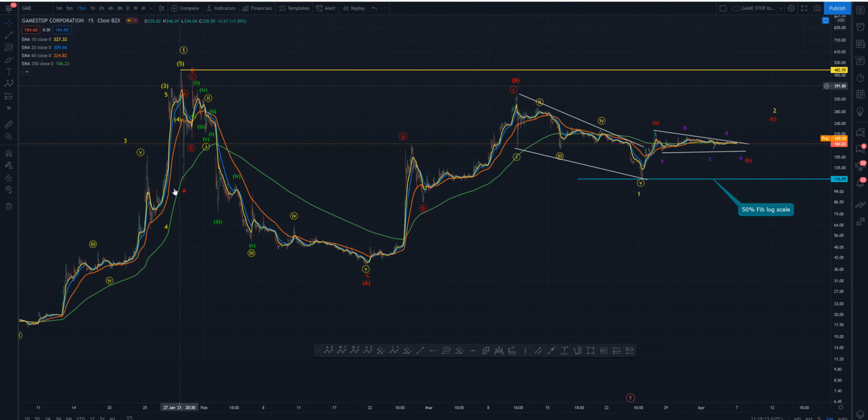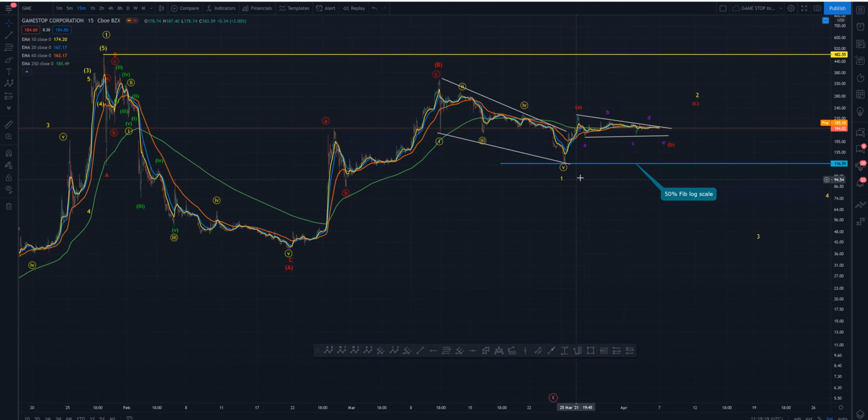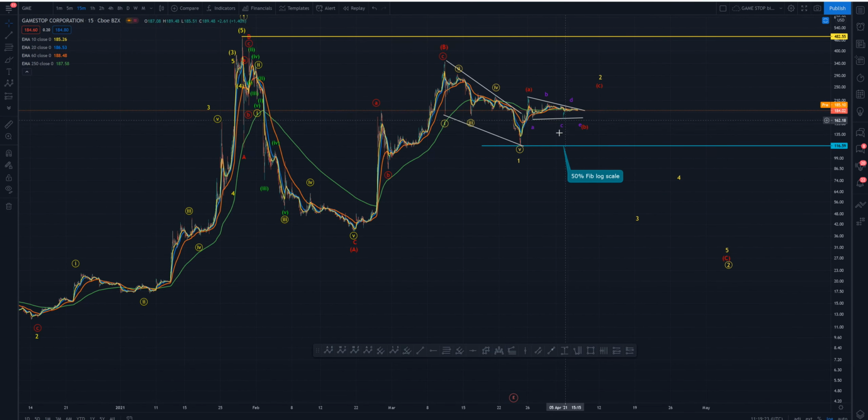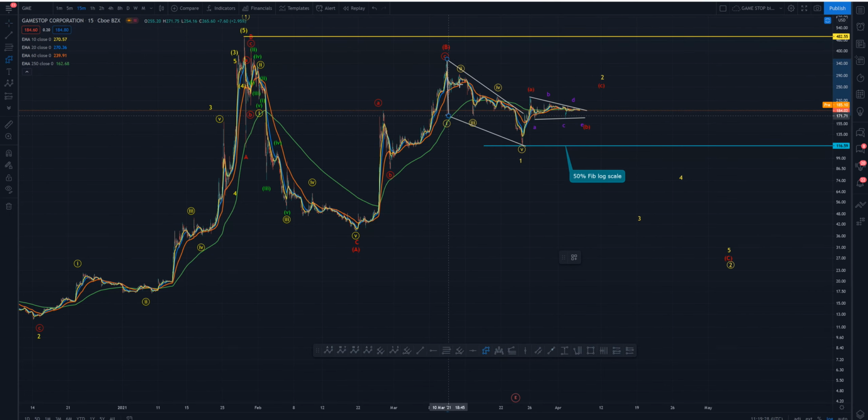So we go A, B, C, A, B, C, B, leading diagonal in a 1 of 5 waves down in a C. So that means we've got a 5-wave move here. You can count this as overlapping horribly, but it's a diagonal, it's ugly.